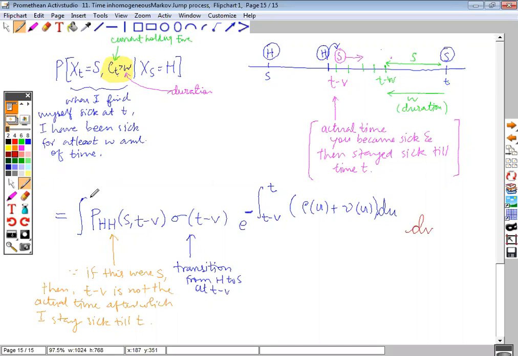Let me ask you one question. What does my V denote? What does V denote? V will be the time we were healthy. The time we were healthy? Why do you think?